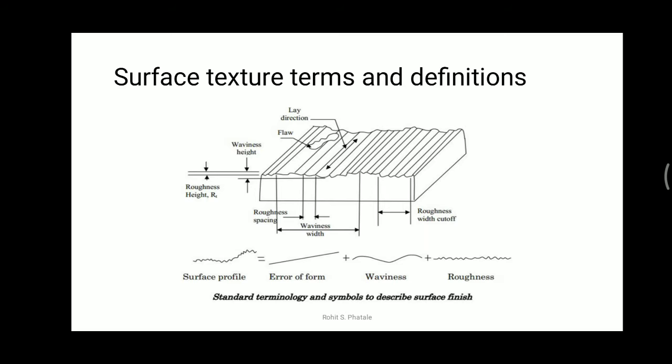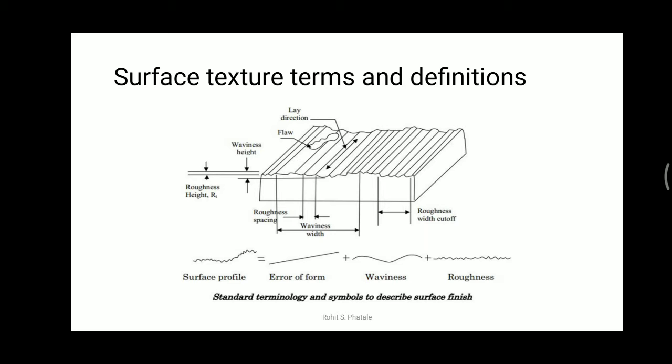So you can see on the screen the defects shown on a small workpiece, which is magnified. If we zoom into some portion, then we can see such types of defects.